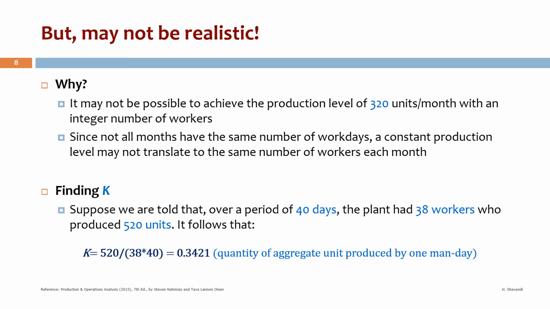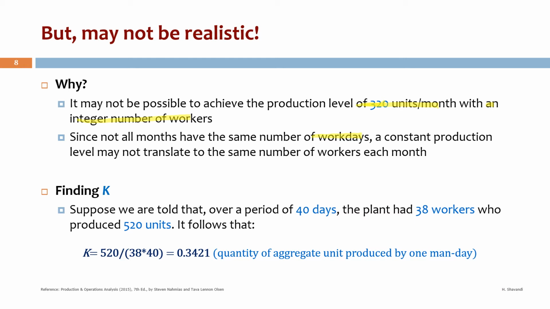But the solution obtained by the constant production level may not be realistic. For example, it may not be possible to produce 320 units each month with an integer number of workers, because the work days are different in each month.